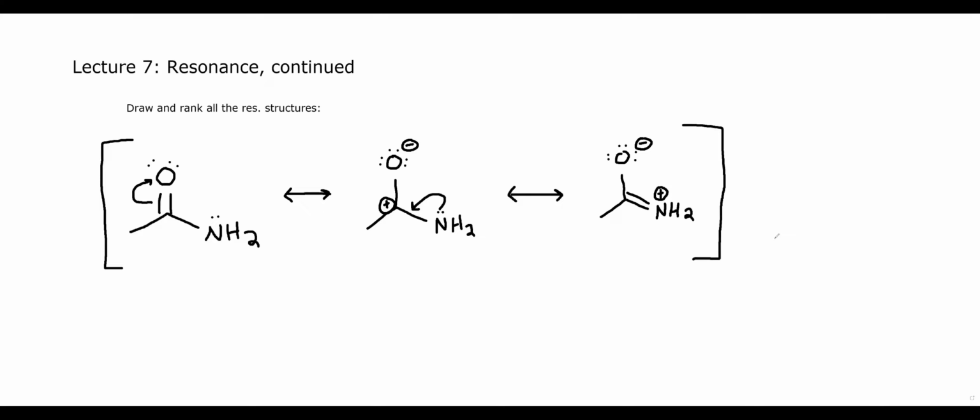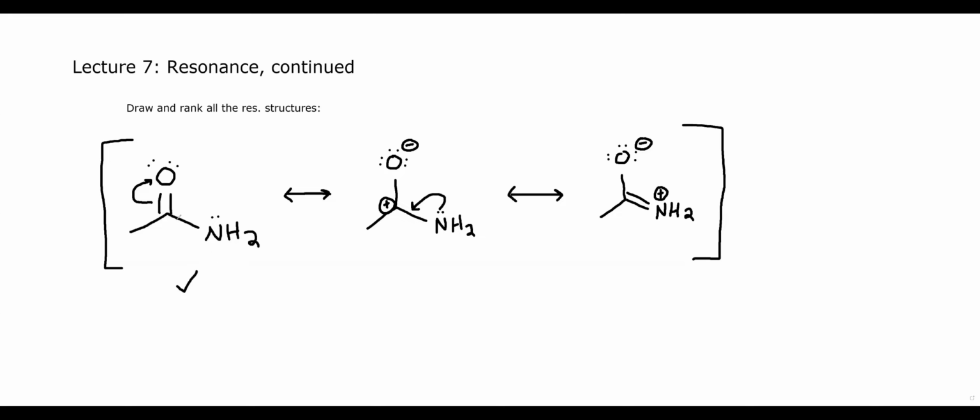Okay, so let's rank these resonance structures based on their overall contribution to the electronics of the system. So let's consider our 4 rules. The first rule we have to consider: does everything have a filled octet? In this case on the left, that's good.